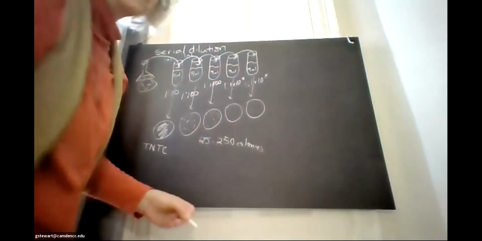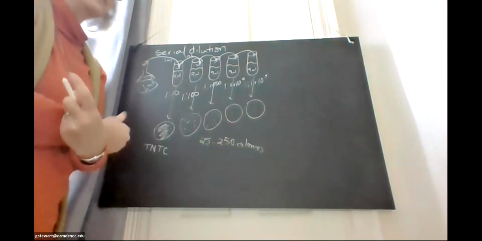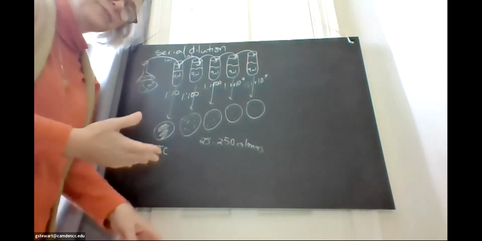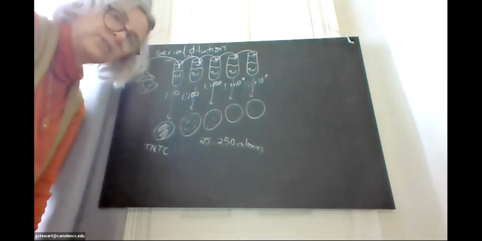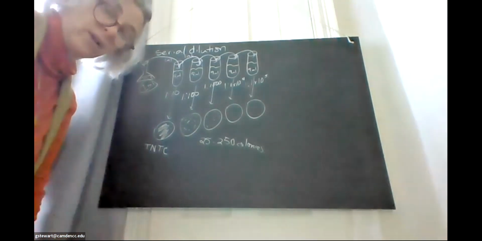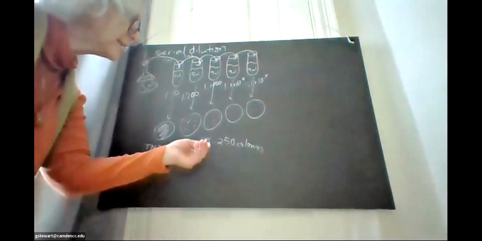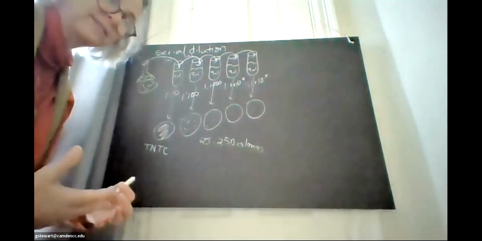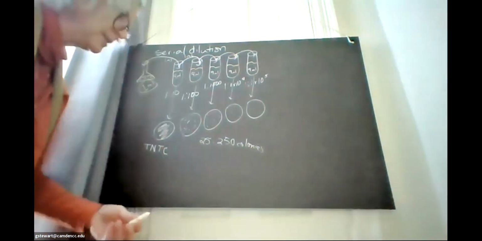And the reason for that is because statistically, we have figured out that less than 25 colonies usually is an undercount, and more than 250, usually the scientist or lab technician has a hard time actually counting all 250 colonies accurately. So we're looking for a plate that has between 25 and 250 because it's manageable and it will be statistically significant and reproducible reliably.